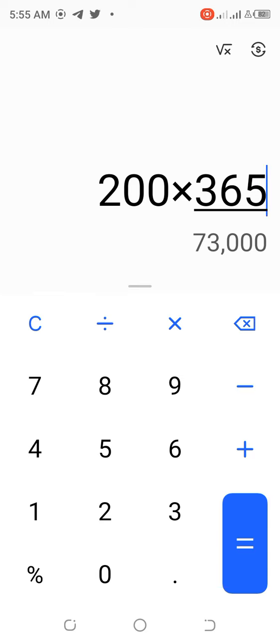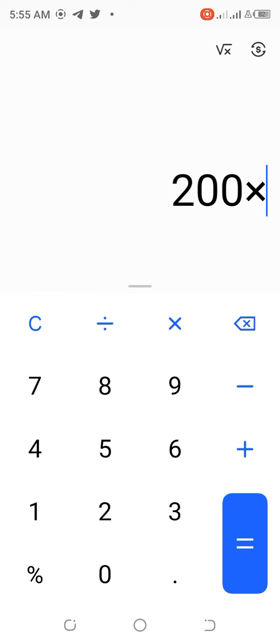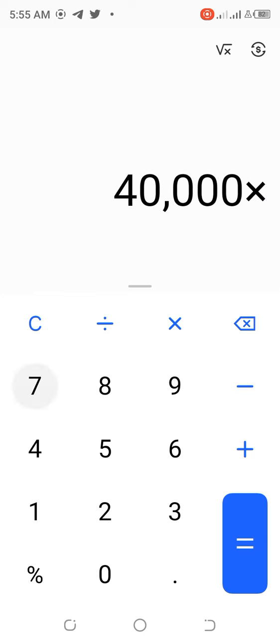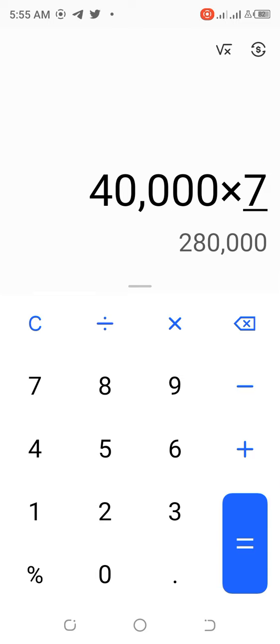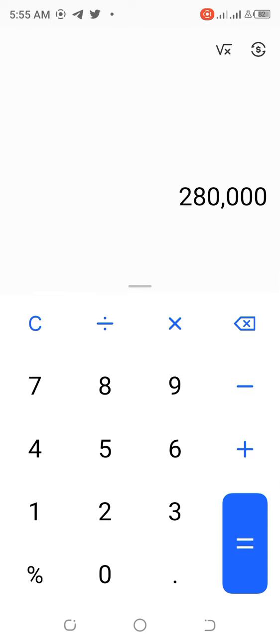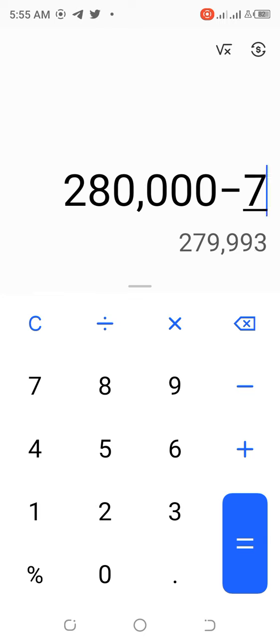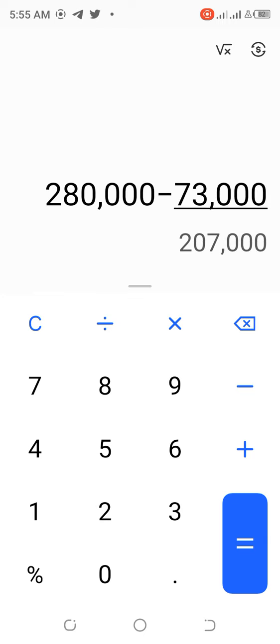And this 73,000, when he wins, by 200, meaning 40,000 on his first win, by 7, meaning he's winning 280,000. So that's 2.8 billion. 2.8 billion minus 73,000.